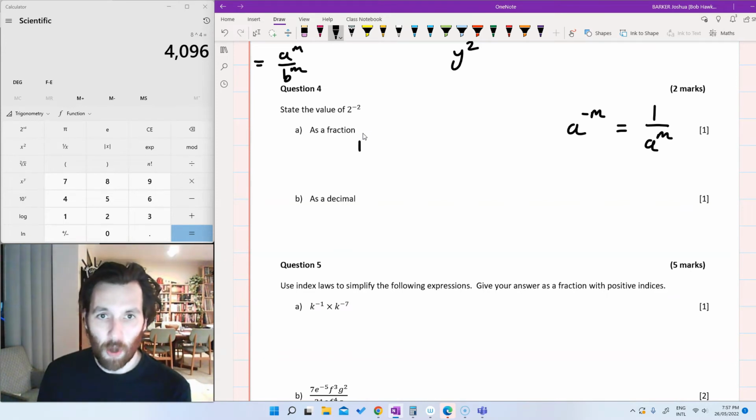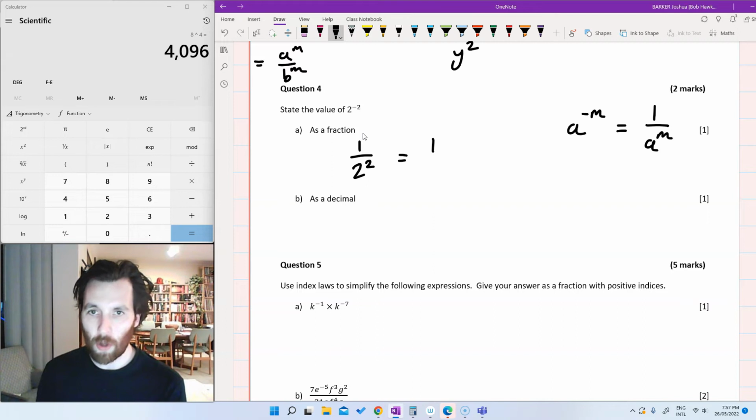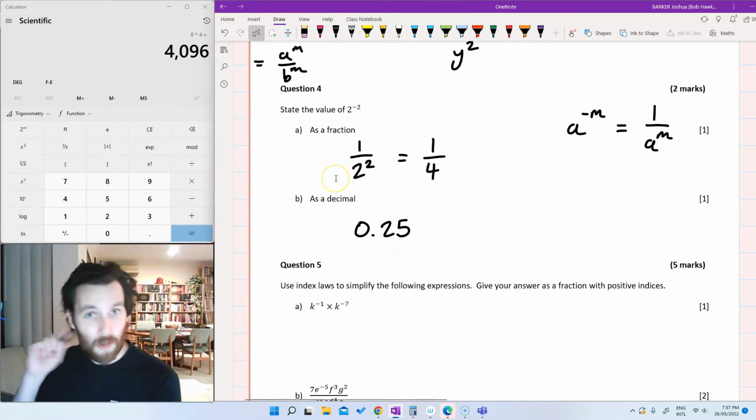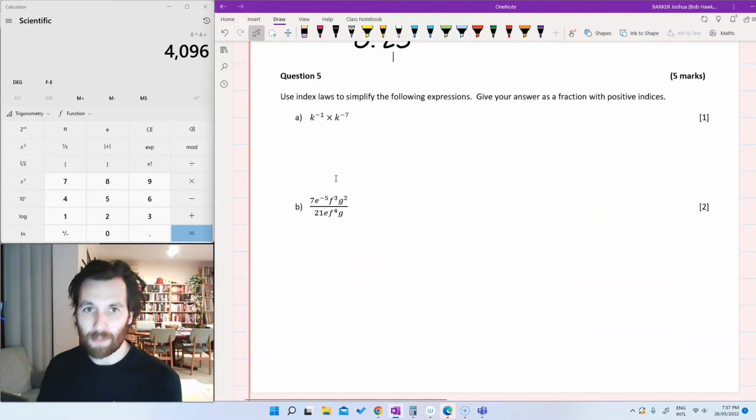So that's going to be 1 over 2 to the power, not negative 2, but positive 2. Which is 1 over 2 squared. I'm going to write that as 1 over 2 to the power 2, which is 4. And then as a decimal, I'm sure you'll know that's 0.25. Happy days.